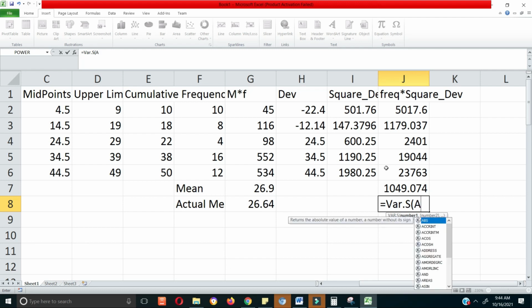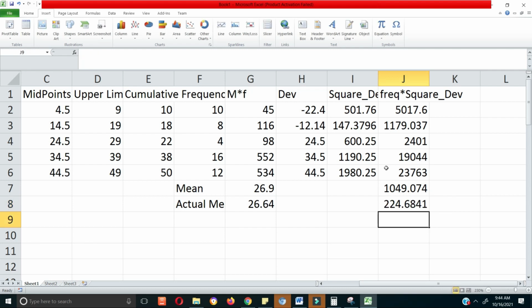So it was A2 to A51. So this is the actual A2 to A51. So something is wrong now. So we had the deviations. The deviations should be the midpoints.